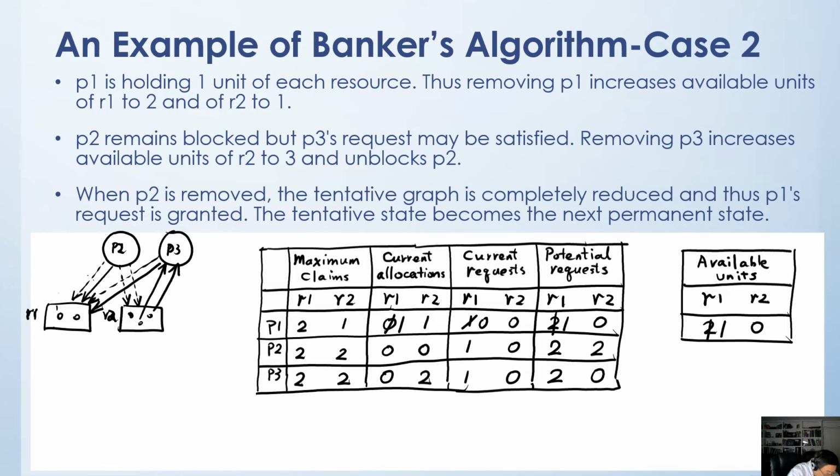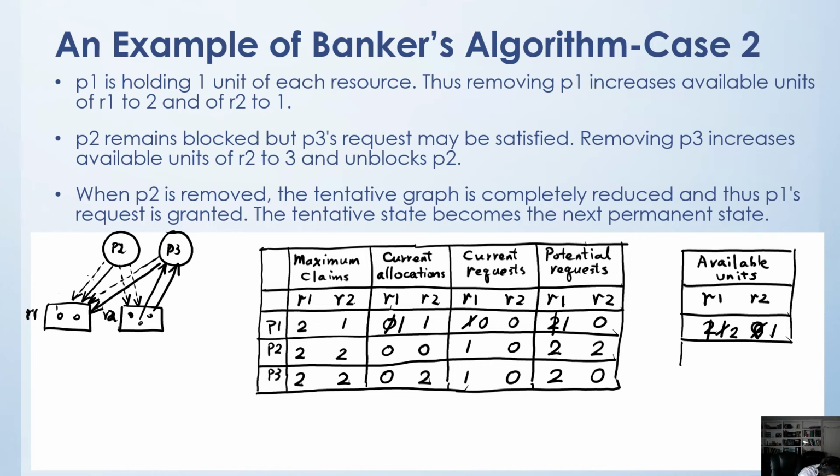Now, because P1 is holding 1 unit of each resource, once we remove P1, we free up 1 unit of R1 and 1 unit of R2. So that means the unit for R1 was switched back to 2. Again, the unit for R2 will be changed from 0 to 1.